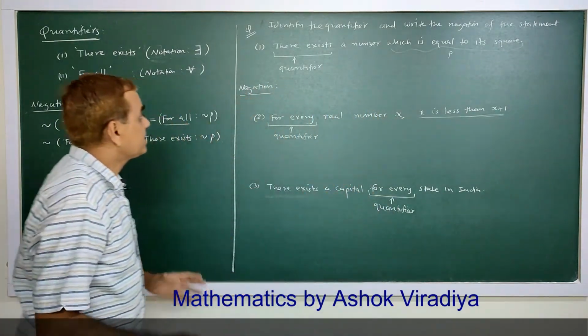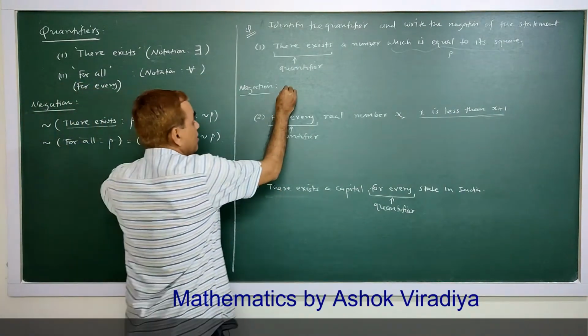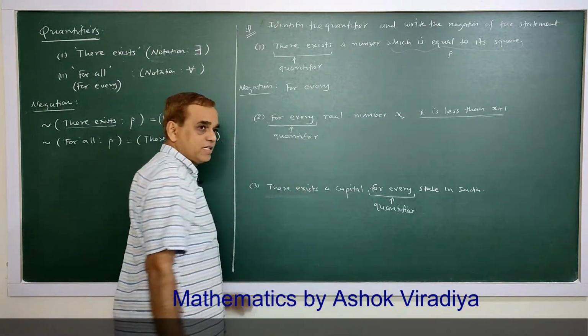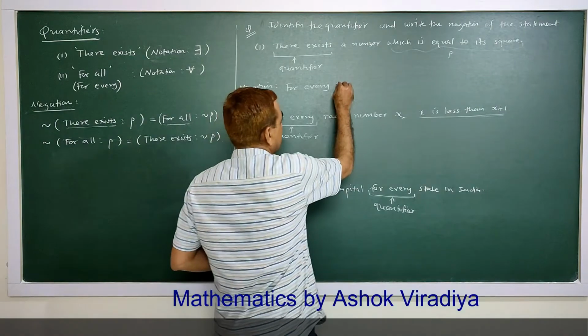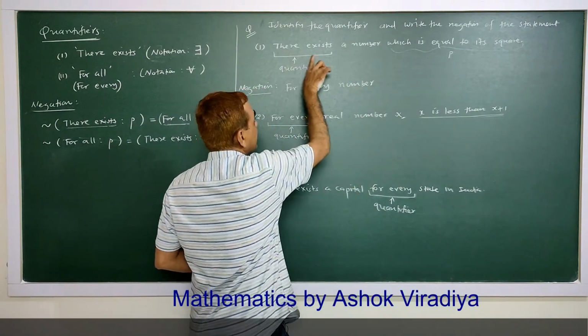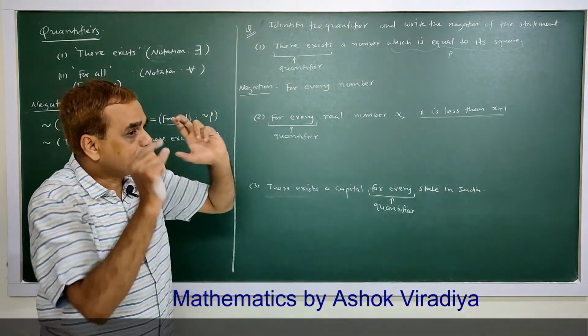Now what do we do for its negation? Negation is "for all", or put "every": for every number. This was for "there exists a number", a property for a particular number.